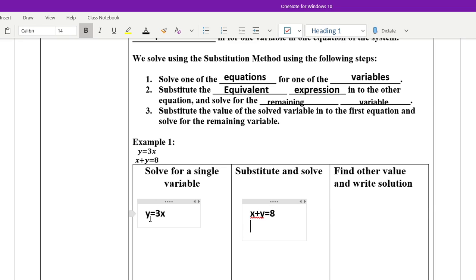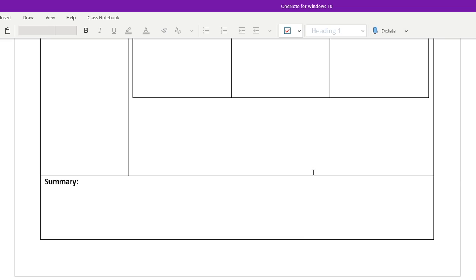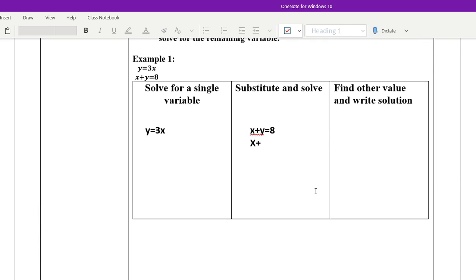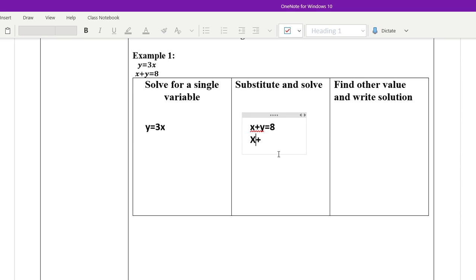Now what I want to do is replace my y with its known equivalent value 3x. Oops, kind of jumping all over the place there. Want to make sure that it's a lowercase x. And now instead of my y, I'm replacing it with its equivalent expression, 3x.